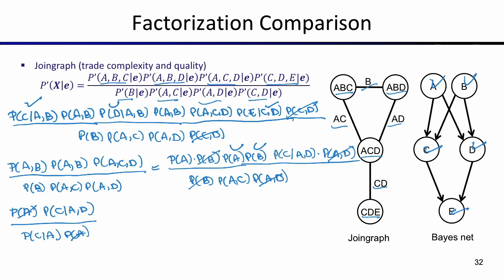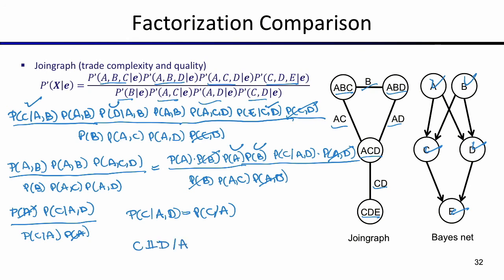So now we have this condition here: the probability of C given AD equal to the probability of C given A, and that's going to be true if C is independent of D given A.